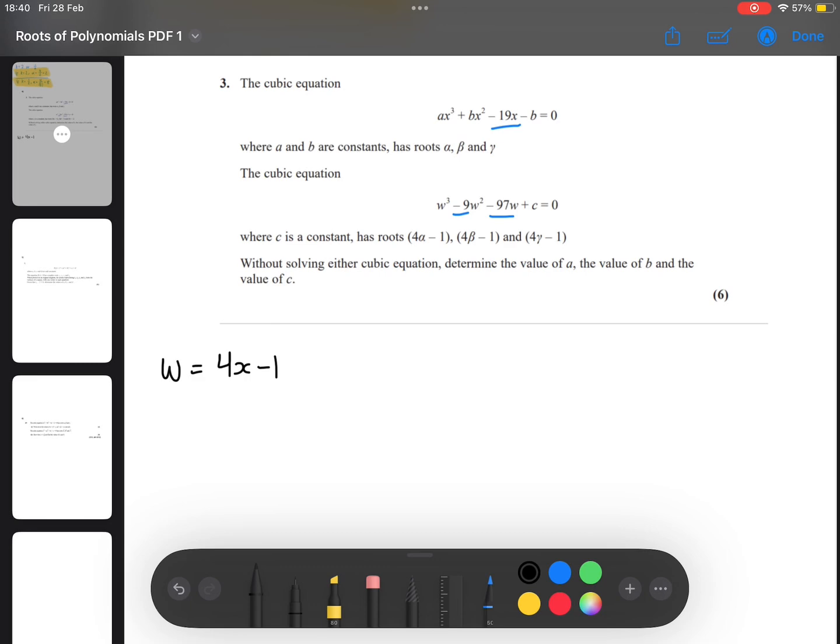So w is just 4x minus 1. And then, using the binomial expansion, I'm going to substitute 4x minus 1 for w in the second cubic equation here. So we have (4x minus 1) cubed minus 9(4x minus 1) squared minus 97(4x minus 1) plus c equals 0.